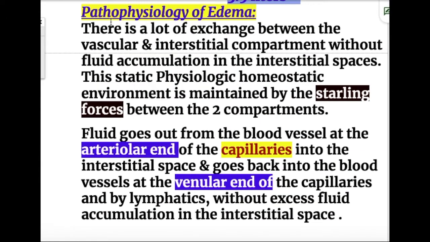Now pathophysiology of edema. There is a lot of exchange between the vascular and interstitial compartment without fluid accumulation in the interstitial spaces. This static physiologic homeostatic environment is maintained by Starling forces between these two compartments.